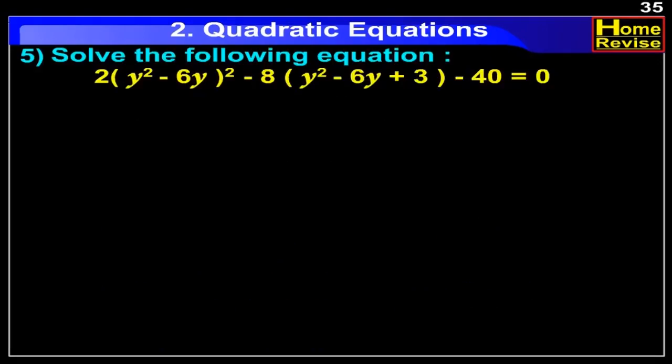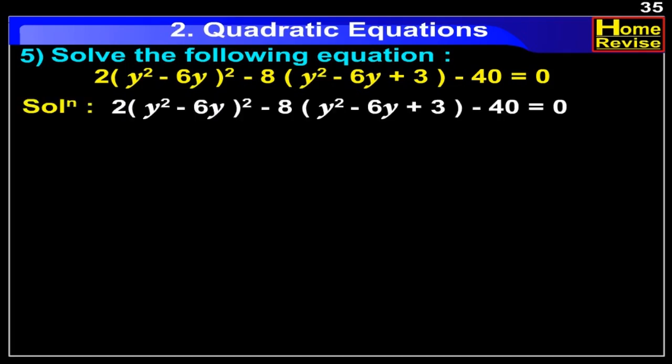2(y² − 6y)² − 8(y² − 6y + 3) − 40 = 0. Solution. The given equation is 2(y² − 6y)² − 8(y² − 6y + 3) − 40 = 0.